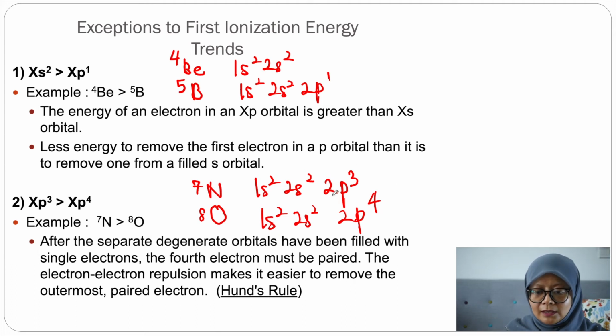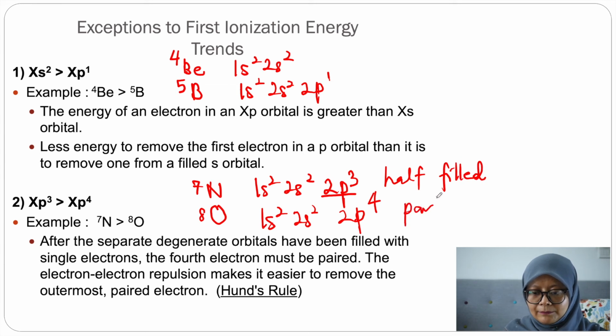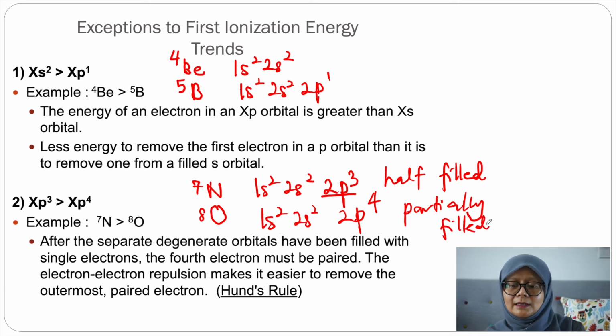Nitrogen is half filled, while oxygen is partially filled. Half filled is more stable than partially filled, so more energy is required to remove an electron from nitrogen compared to oxygen.